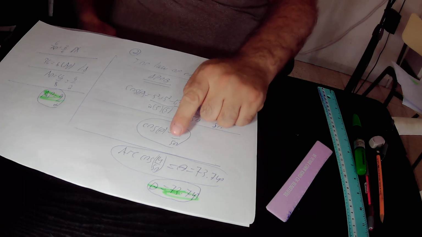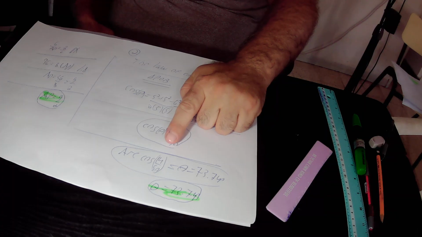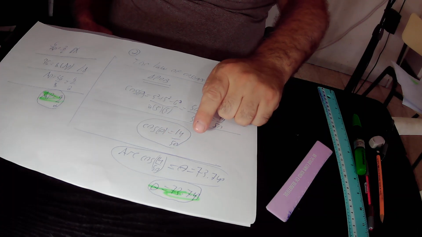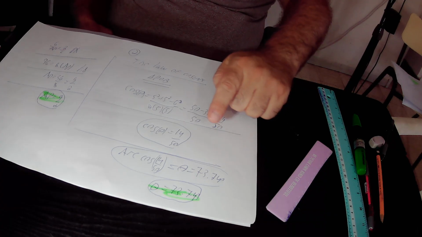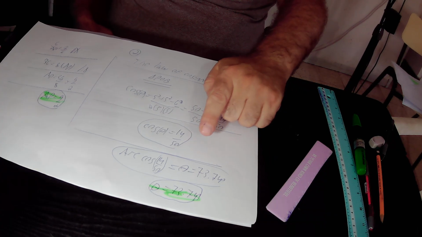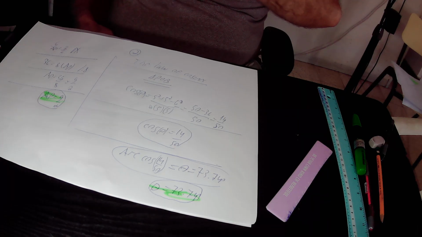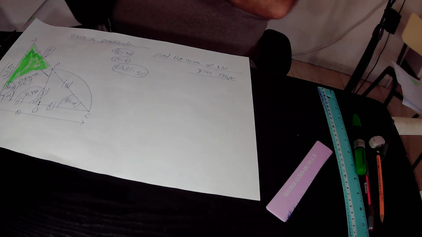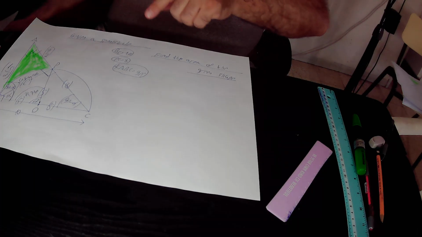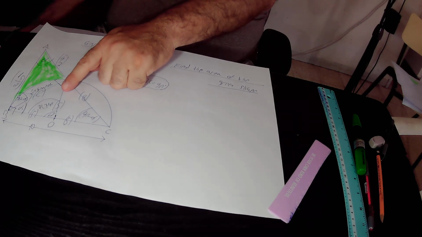Arc cosine of 14 over 50 is 73.74 degrees. So in total, we can find out that angle theta equals 73.74 degrees in its size. So actually, this is angle theta. The size of angle theta is 73.74 degrees.